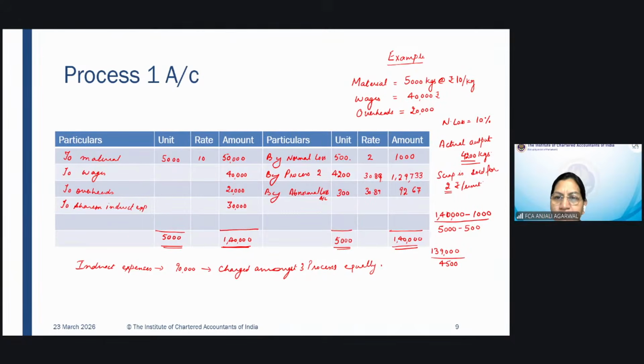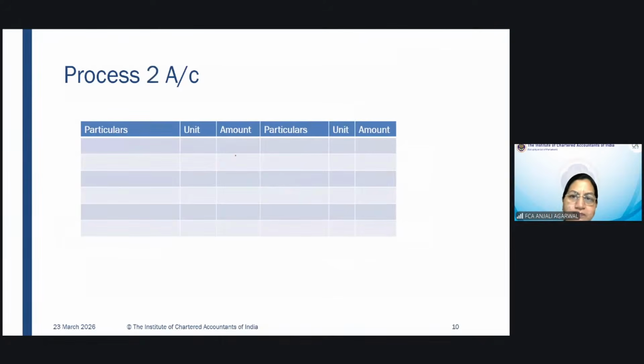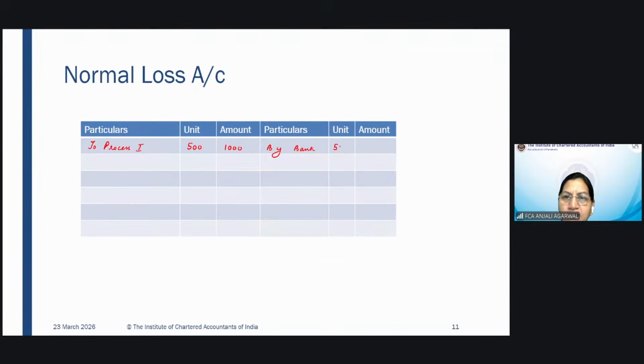Now, the normal loss account will be simple here. To process one, 500 units at the rate of 2000. By bank, 500 units at the rate of 2000. Similarly, abnormal loss account, 300 units, debit 9267. We'll do it. Normal loss account, to process one, 500 units, 1000. By bank, 500 units, 1000.